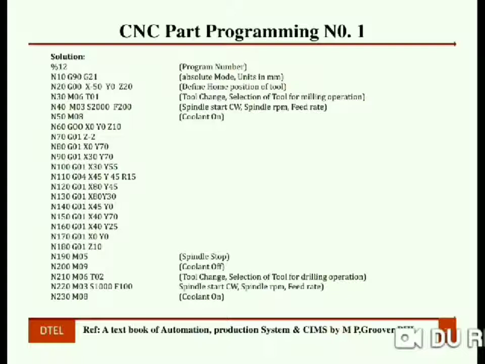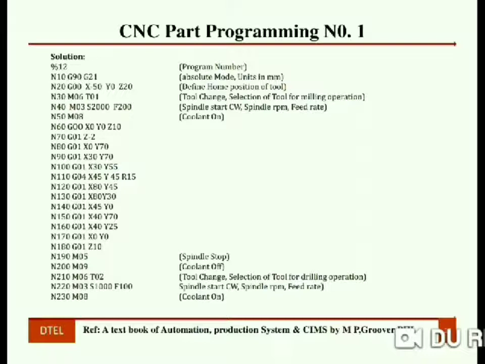Then this is the part program. So %11 is the program number. Then N10, G90 and G21. G90, again the machine should run in absolute positioning system, and the unit parameters are in mm, that is G21.